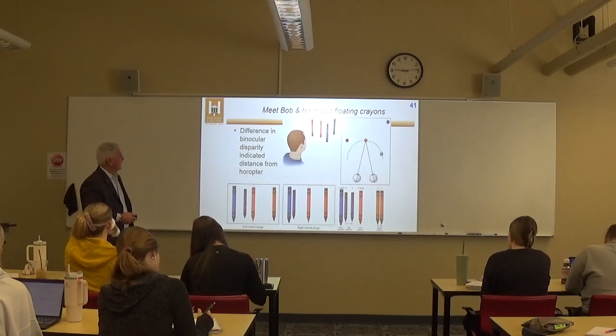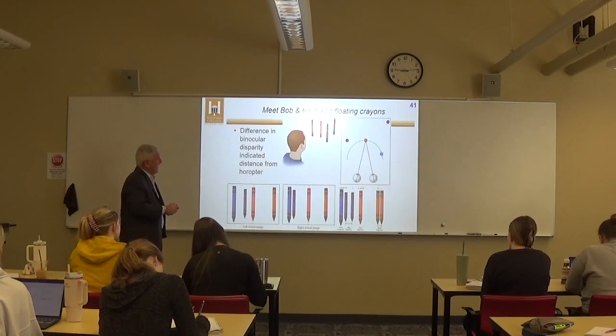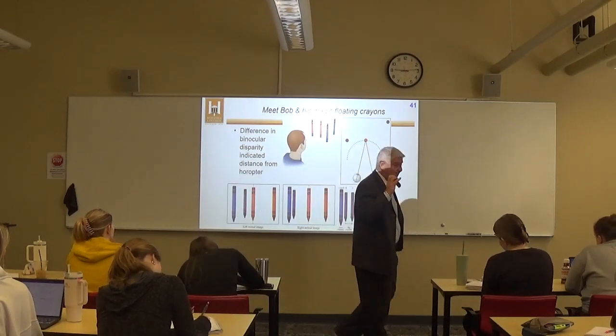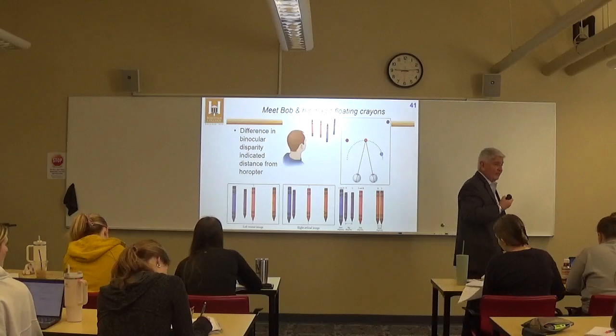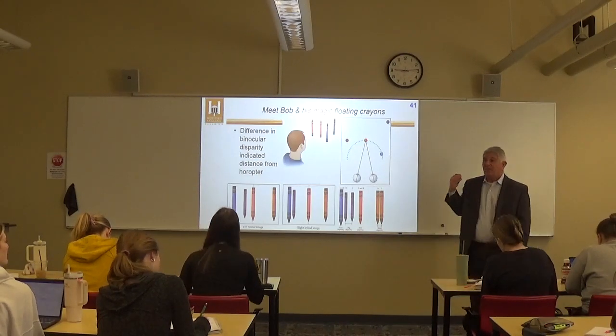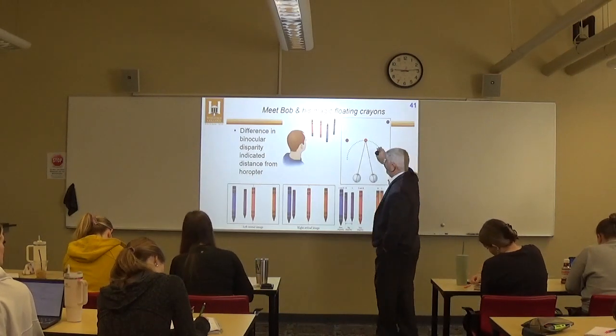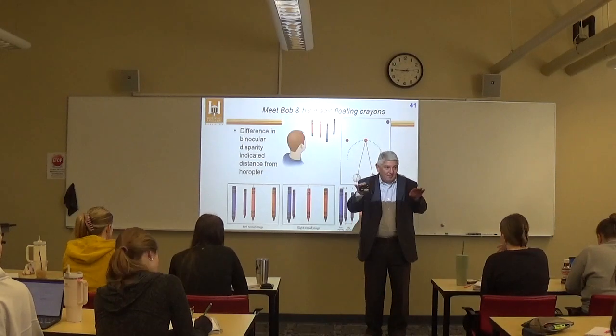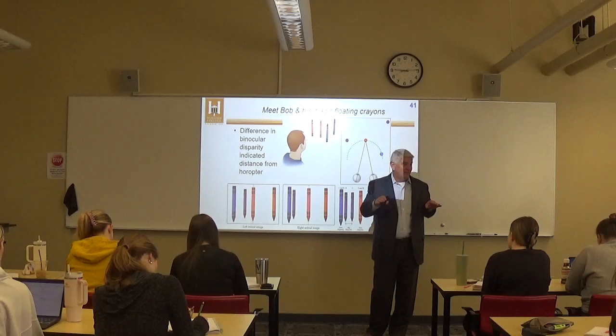So that difference in binocular disparity is a very complex cue to our brain as to how far away something is. And the thing that's crazy is that this isn't fixed, right? We can move it in space based on accommodation and convergence.